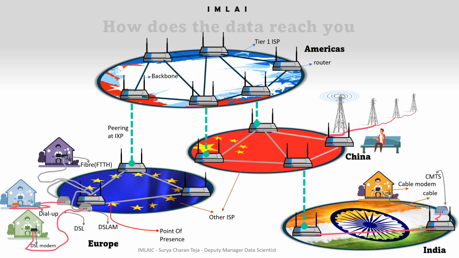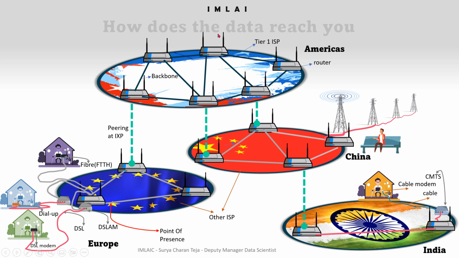After that we can go for certain examples of how the data reaches you. ISPs, internet service providers, connect their networks to exchange traffic at IXPs, internet exchange points. The connected ISPs are said to peer with each other.